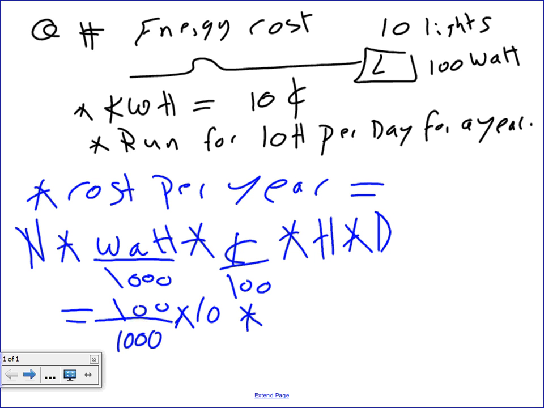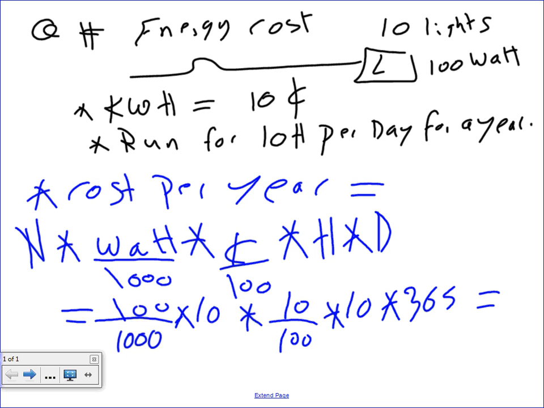Multiplied by another 10 over 100, multiplied by how many days in the year? 365. Done deal. Any question, guys? So basically convert the watts into kilowatts, the cents into dollars, and multiply them all by each other.